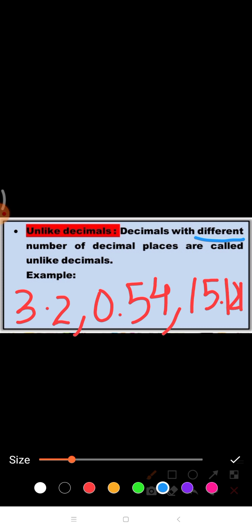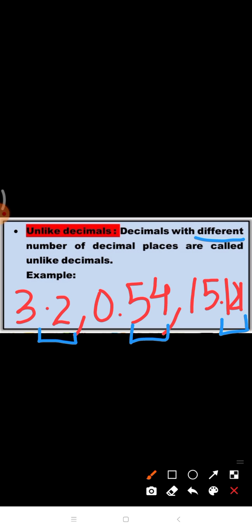Now students, here in the first decimal number we have one decimal place. In second we have two decimal places. And in third, we have three decimal places. That means in all these decimal numbers, we have different decimal places. So they are unlike decimal numbers. I hope students, this is clear to you.